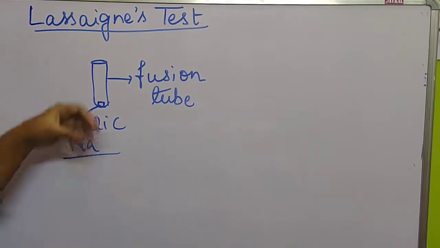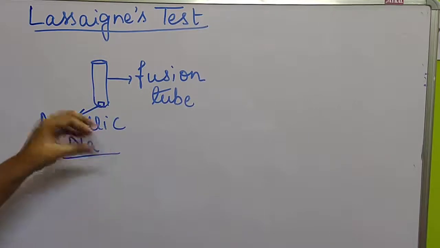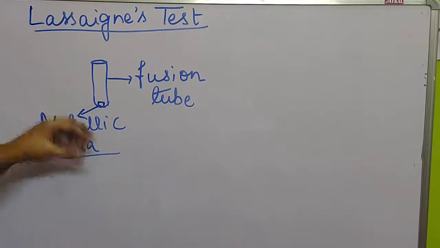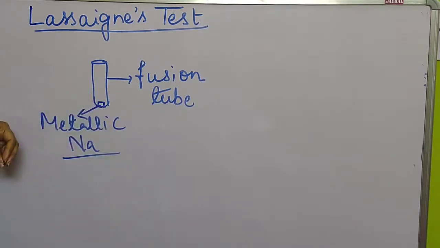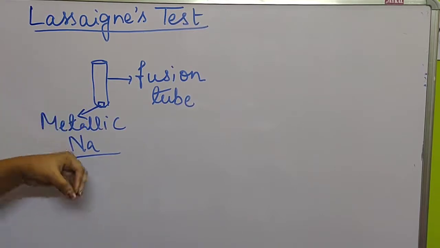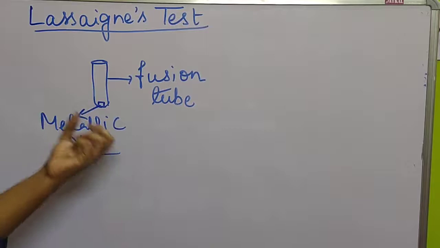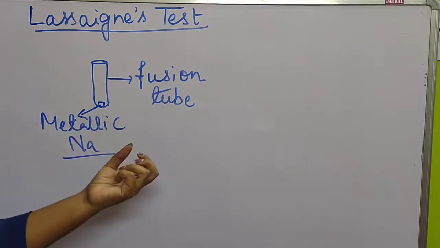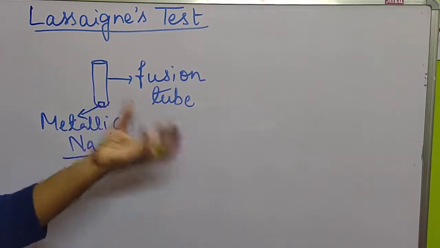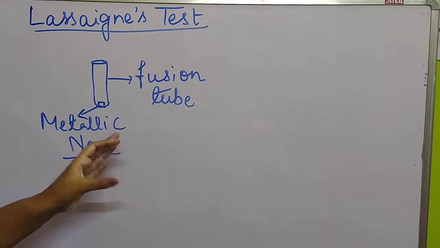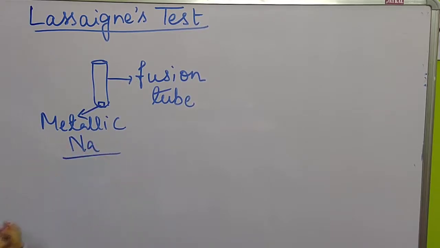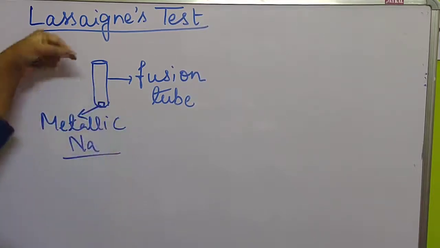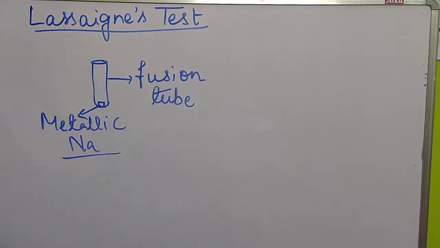So sodium is always kept under kerosene. For this test, first we take the sodium out of kerosene, then soak it properly with a filter paper so that the extra kerosene is absorbed, and then we put the dry sodium inside a fusion tube.